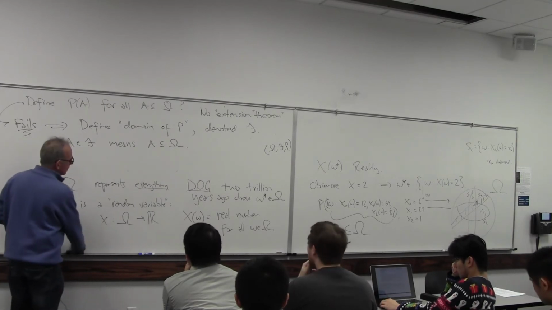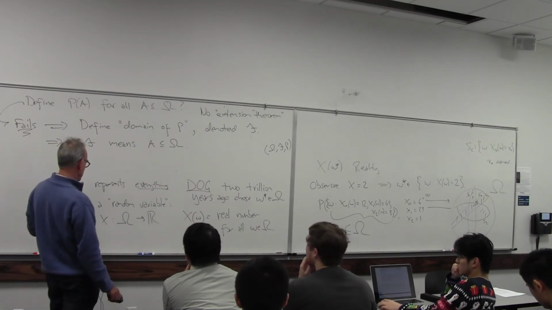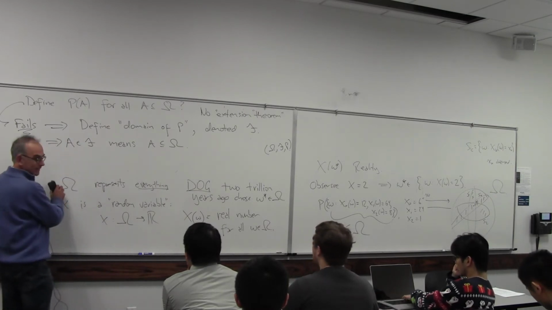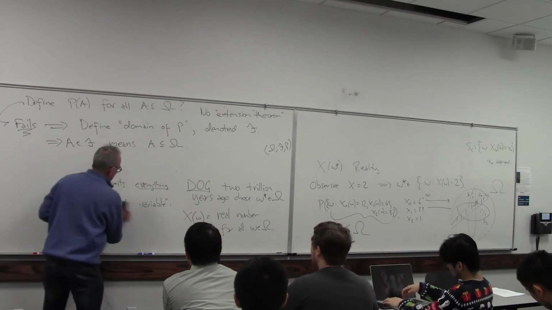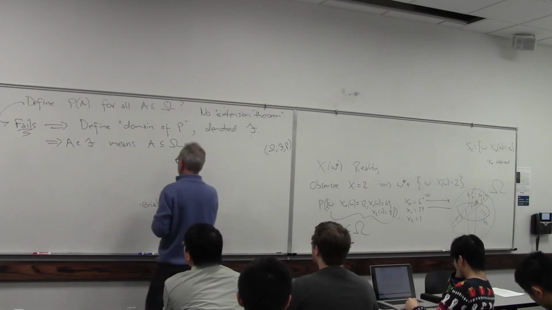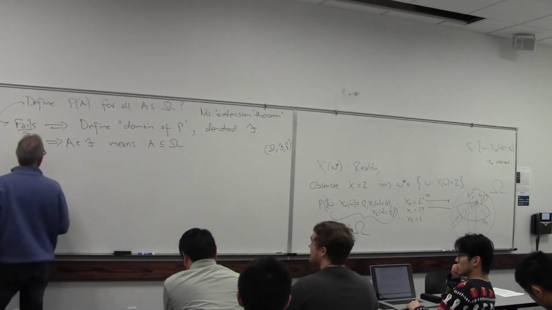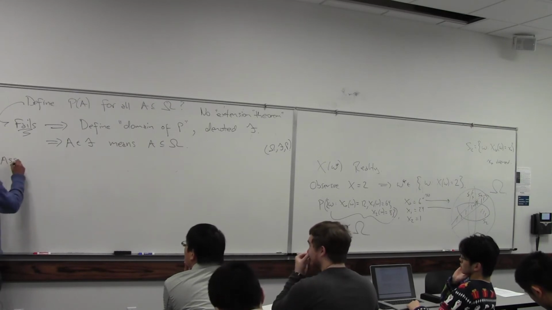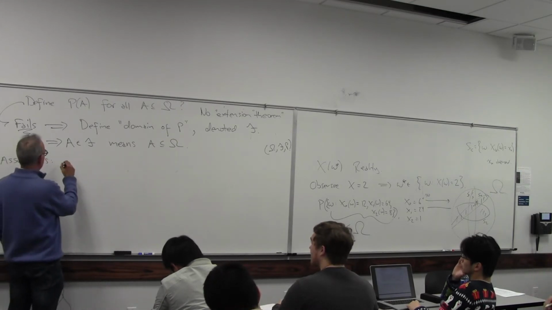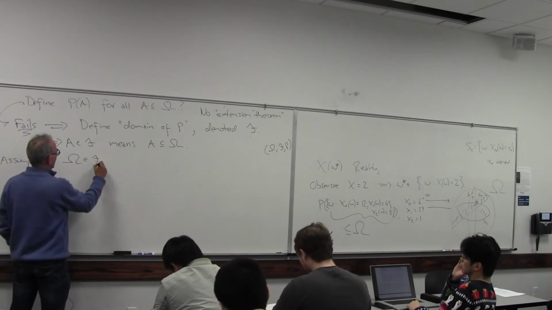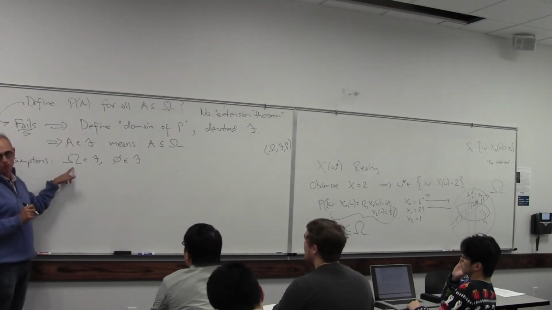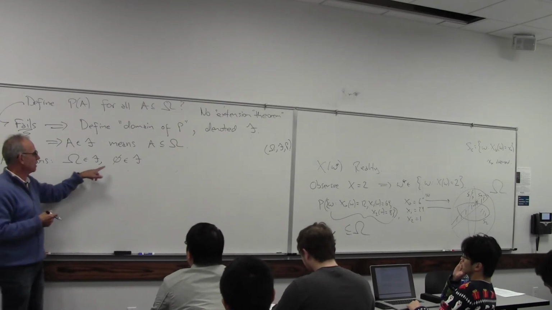Okay, so there's a bunch of things. I don't want you to memorize these. There are some conditions that F has to satisfy, and basically the assumptions are kind of obvious. Omega is in F. The empty set is in F. I want to be able to say, what's the probability of something happening? What's the probability nothing happens?